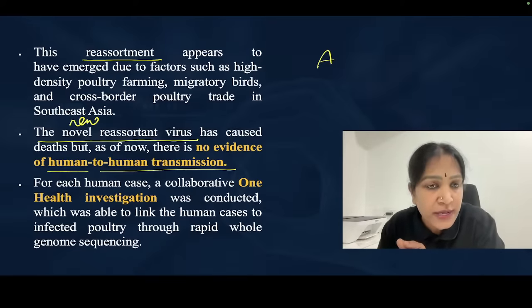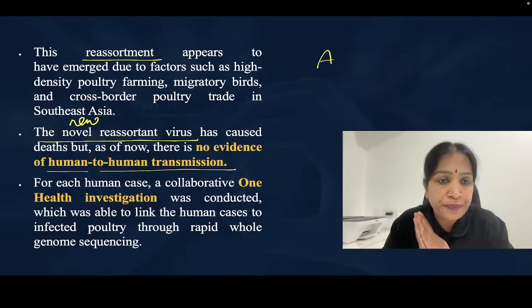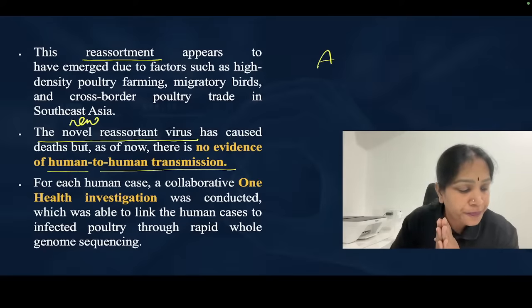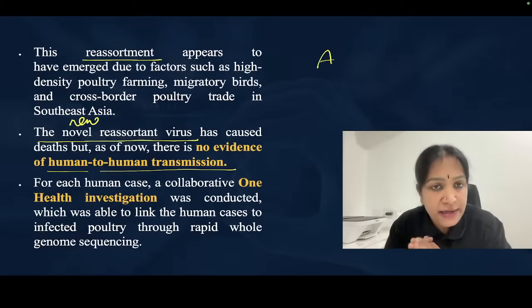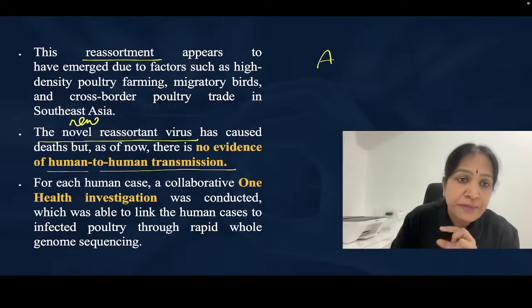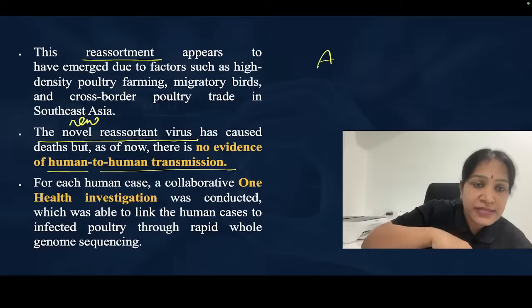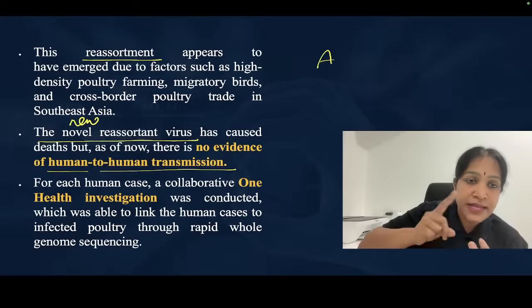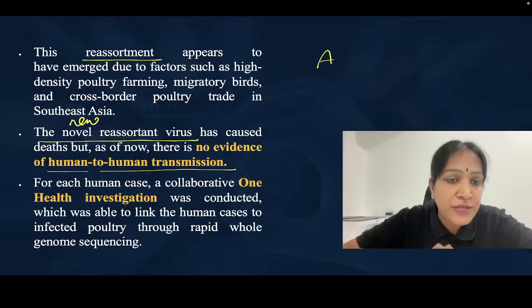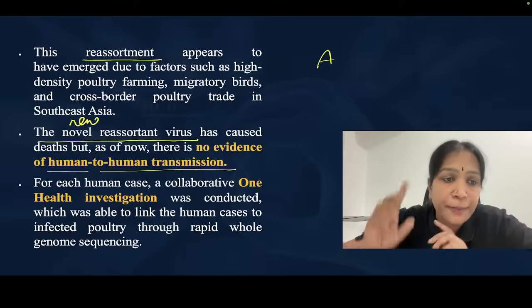Is it human influenza or a bird flu? H5N1 is human influenza or bird flu? It is basically bird flu. So we are getting the infection from the birds. Birds to humans, some infections are there. Some deaths also occurred. But one human being to another human being transmission is not yet reported.